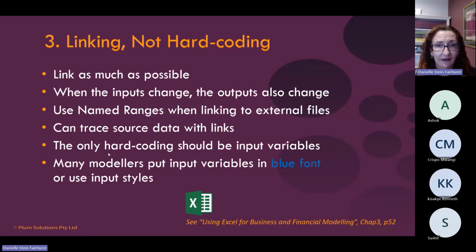As I said, the point of financial modeling is you change the inputs and the outputs change. And if you hard code, that doesn't happen. So always make sure that you are linking to the source, so linking to the file, having external links.